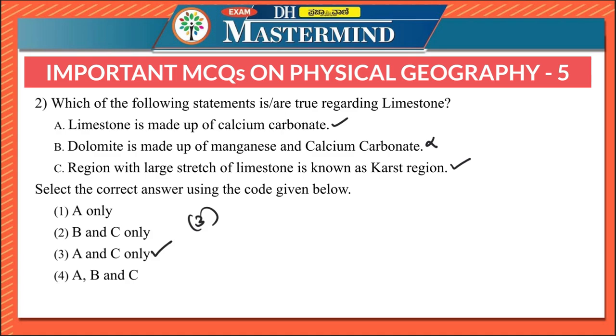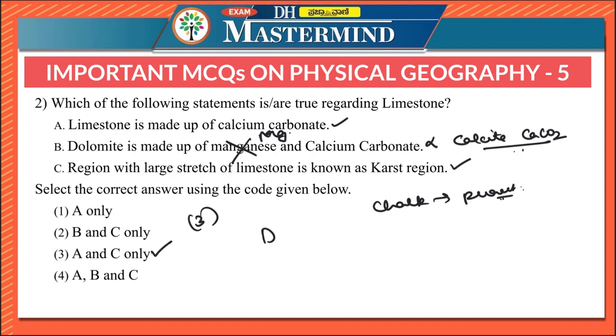Limestone in its pure state is made up of calcite or calcium carbonate. Please remember, calcite or calcium carbonate. And chalk is a very pure form of limestone. Please remember that chalk is the purest form of limestone. When limestone contains magnesium, not manganese, then it is called dolomite.